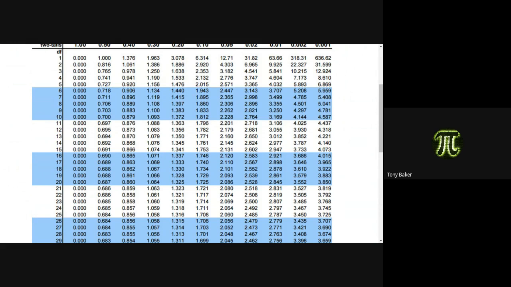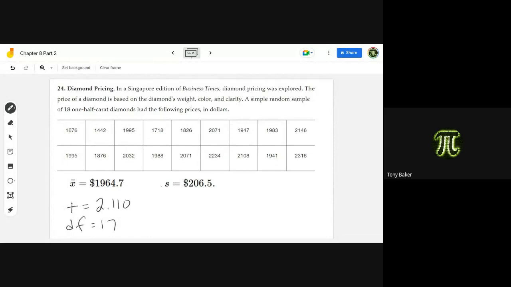So we throw those into Desmos, and we get our lower, upper, and our error.